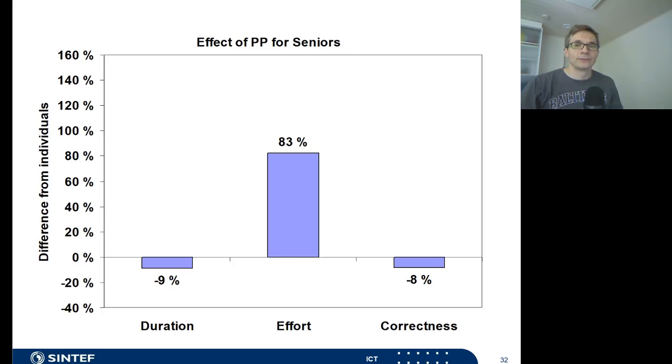For seniors, things look a bit different. We can see that the duration was reduced by 9% in pair programming. Again, the total effort was increased as 2 people are needed in pair programming compared to solo programming. But what was surprising is that correctness also decreased in the pair programming condition.